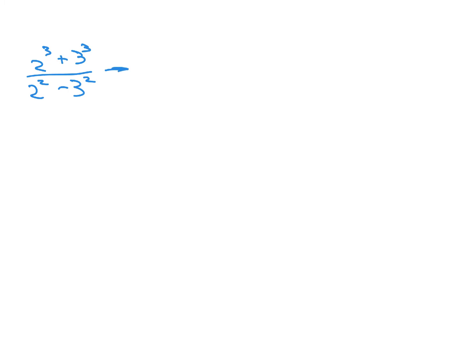So we're going to do the exponent. So 2 times 2 times 2 is 8, plus 3 times 3 is 9, times 3 is 27, over 2 times 2 is 4, minus 3 times 3 is 9. Okay? This is not negative 3 times negative 3. You ignore the sign. You just take the number and square it. Leave the negative sign alone.